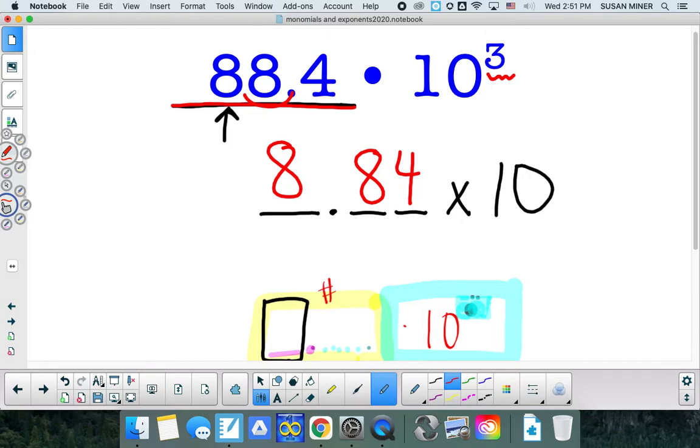This was already an exponent of 3. And I moved the decimal place one more place. I need to give this one more positive exponent in order to make this correct scientific notation. So my new number that is in the correct form for scientific notation is going to be 8.84 times 10 to the fourth.